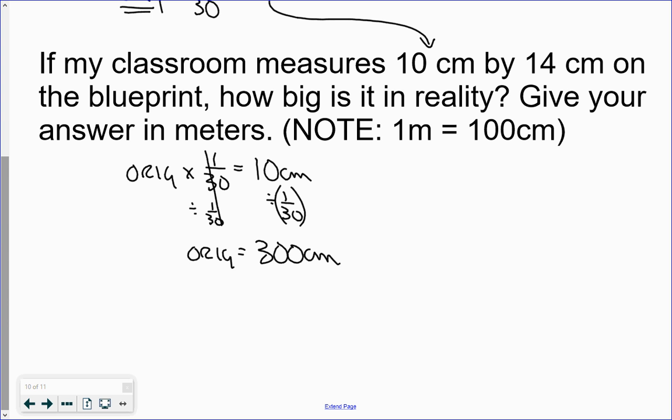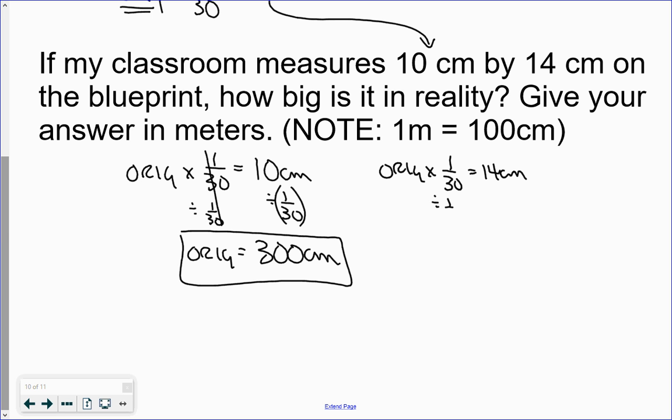So 300 centimeters. And then if I did the other one, original times 1 over 30 equals 14 centimeters. So again, my original length, 14 divided by 1 over 30, again in brackets, is 420 centimeters.